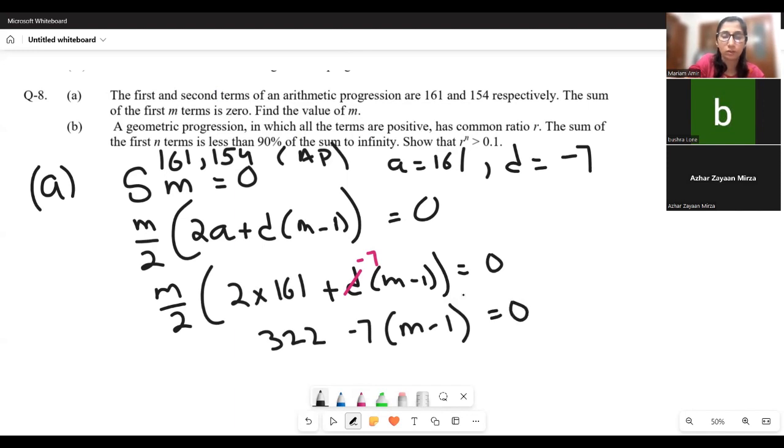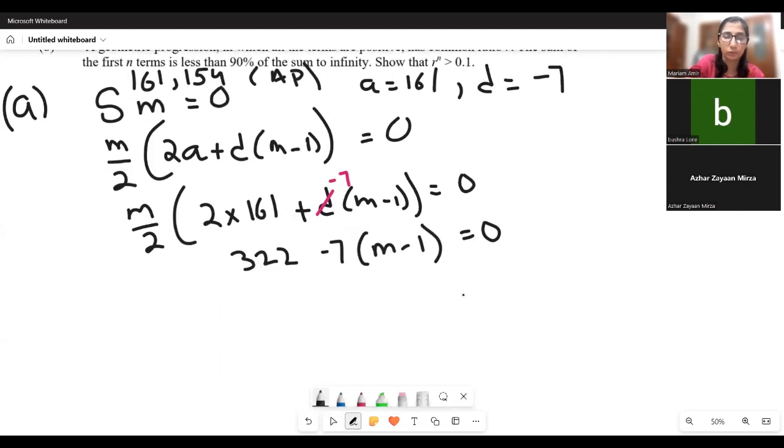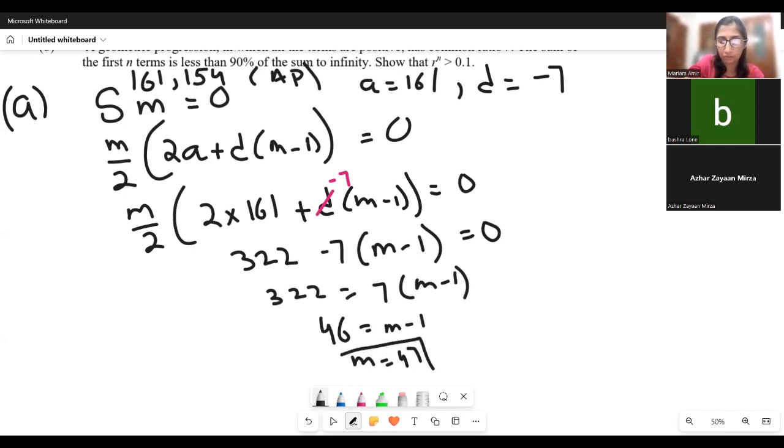Equals 0. So I'm going to take the negative term towards the right. 322 equals 7 times m minus 1. I'm going to divide 322 by 7. 46 equals m minus 1. M equals 47.